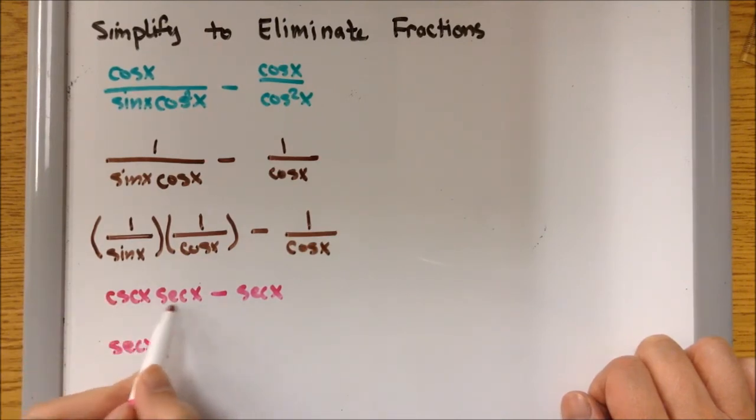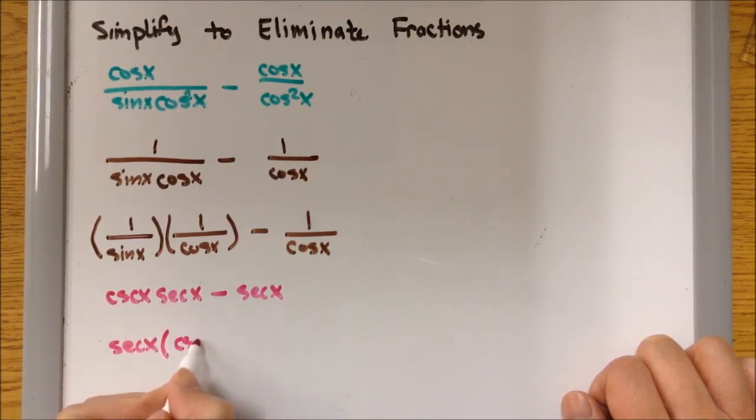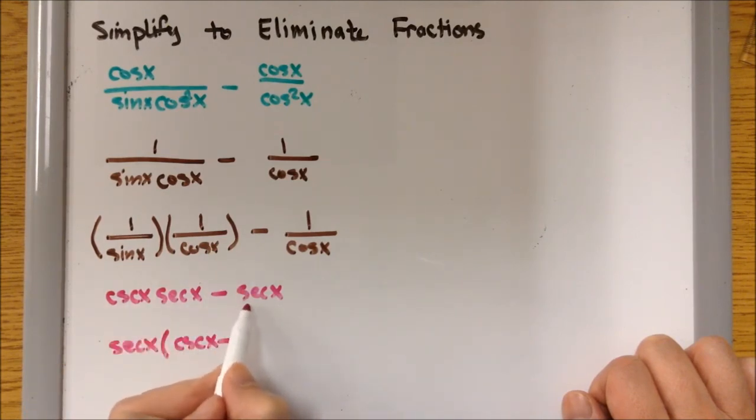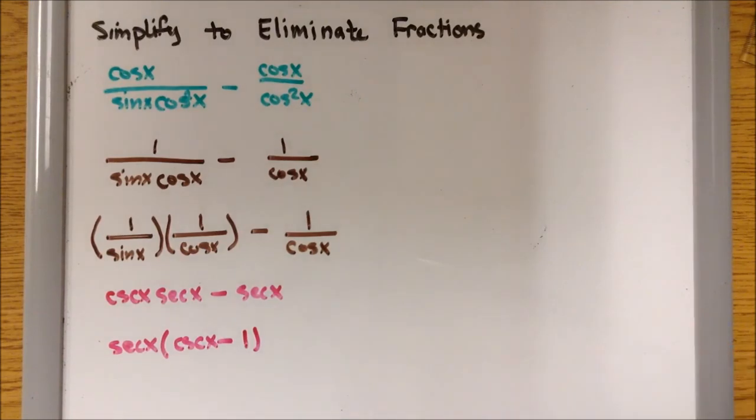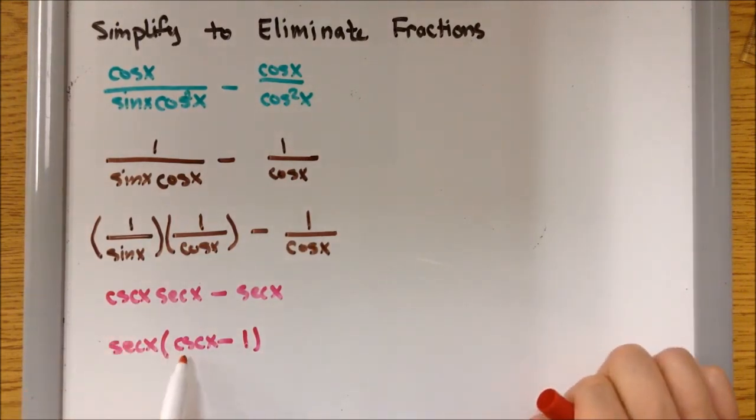When I factor out secant of x from here, the only thing I have left is cosecant of x, and then minus, and when I factor out secant of x, the only thing I have left is 1. Alright, so that's all I can do, nothing else I can simplify, no other identities, and we don't have fractions. So this will be our final answer: secant of x times cosecant of x minus 1.